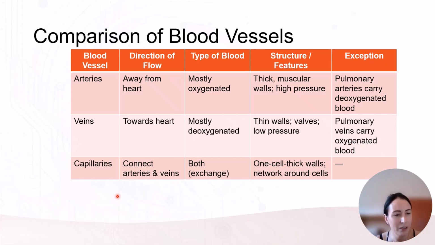And then capillaries connect the arteries and veins. They carry both oxygenated and deoxygenated blood, because this is where the exchange happens between oxygen and carbon dioxide. And they're only one cell thick in their walls, because the gas needs to diffuse through their walls.